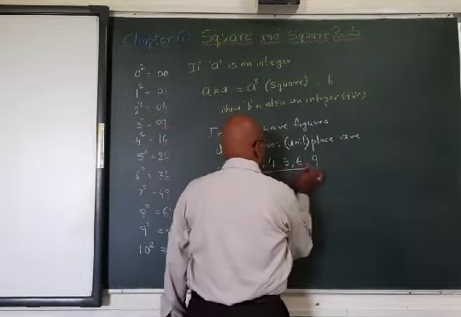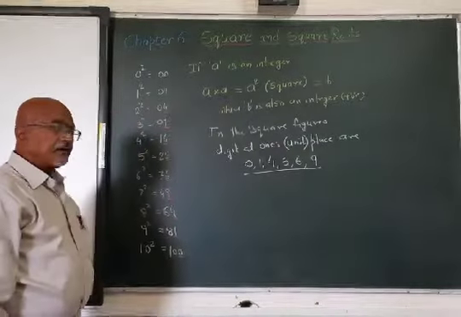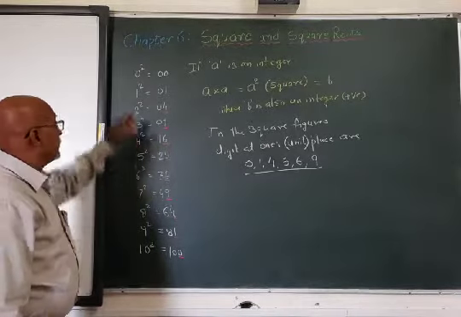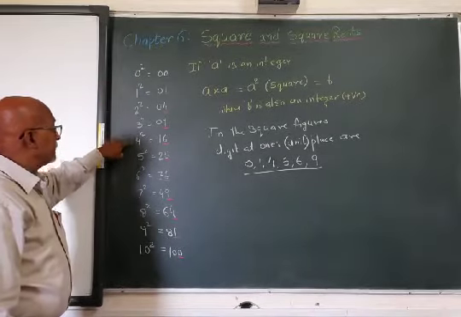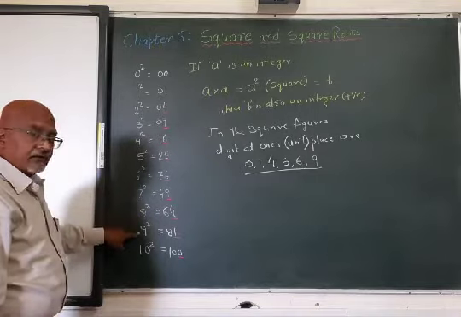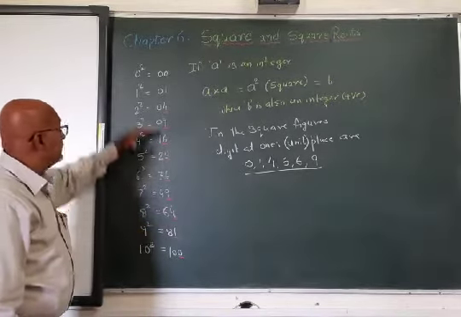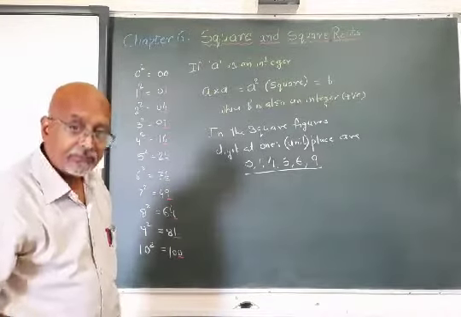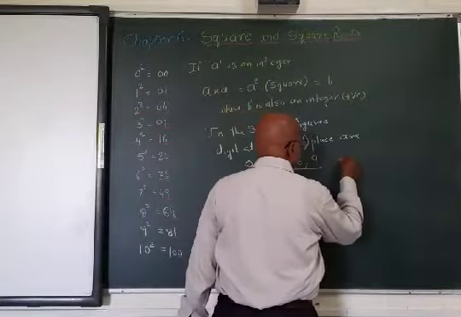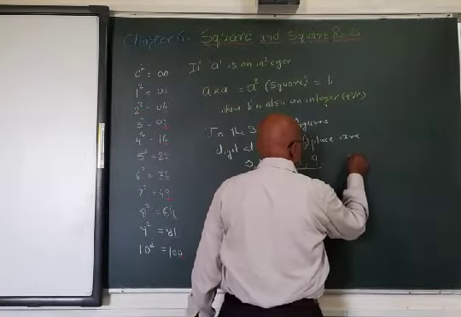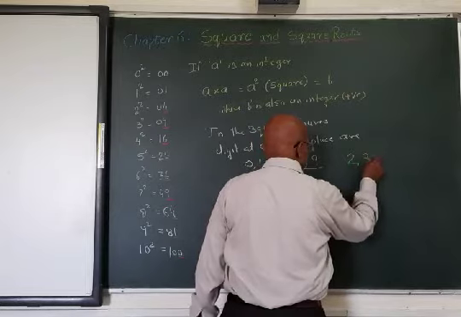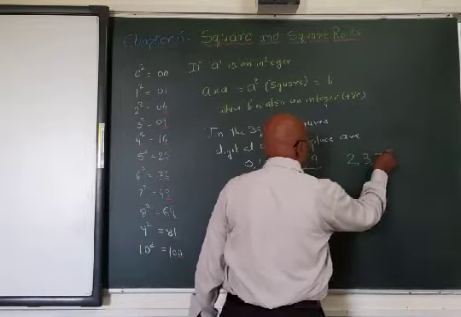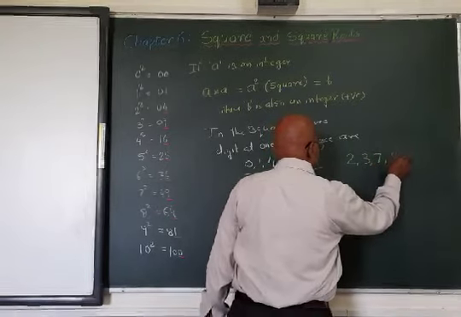Now, how many digits are there? 6 digits. Out of how many digits? 1, 2, 3, 4, 5, 6, 7, 8, 9 and 10. Out of these 10 digits, what remains? The remaining are 2, 3, 7 and 8.